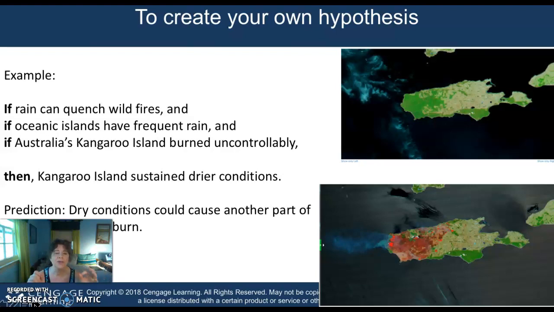And if Australia's Kangaroo Island burned uncontrollably, more specific, down the funnel, yeah, it did burn uncontrollably, then Kangaroo Island sustained drier conditions. That's my prediction. I don't know if that's right. That's my prediction. I can test it. The hypothesis is a testable prediction.